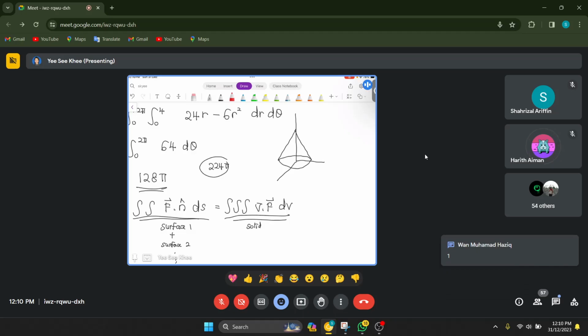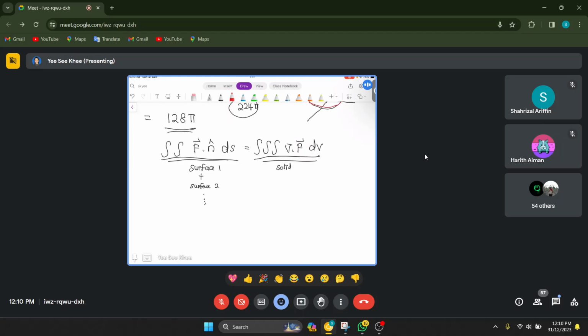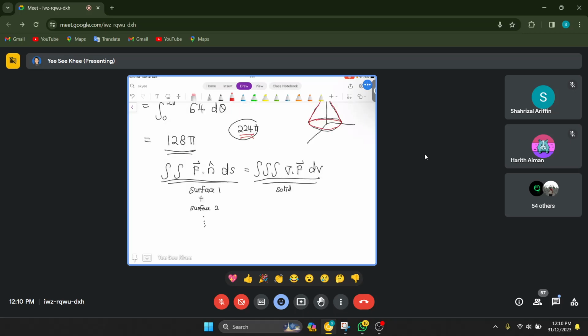The first surface is this one. And the second surface is the one at the bottom, which we didn't calculate just now. So of course the answer that we got just now will not be the same as the answer from the divergence theorem. So let's prove it.